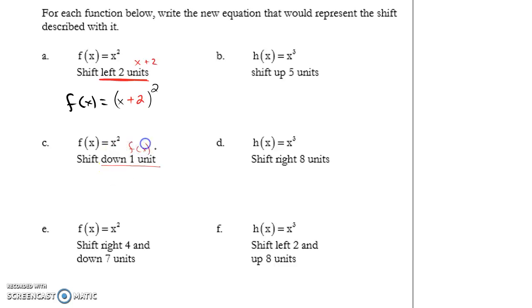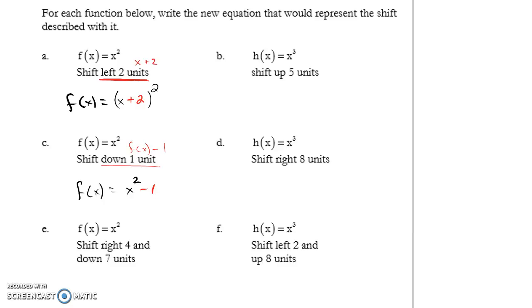Down 1 unit means it happens to the function f of x. Subtract 1. F of x is x squared. So with this function, I subtract outside. I subtract after I apply the exponent.